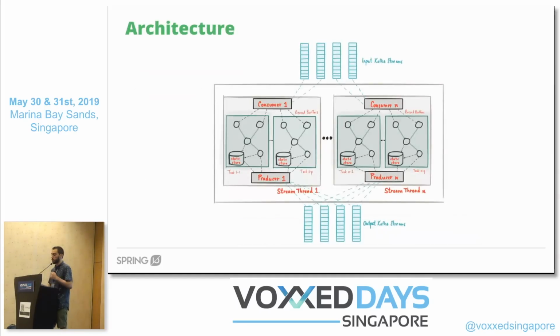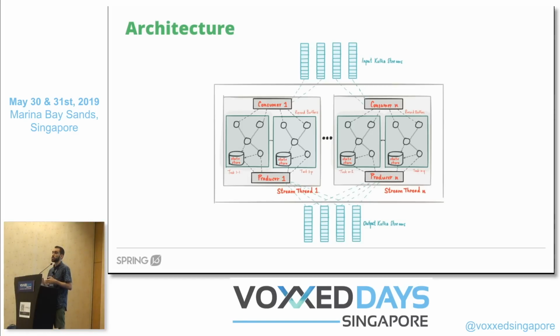At the end of the day, this is the architecture we're going to have. We're going to have some source topics, and a stream application, which will have a consumer and a producer underneath. Every single partition in a topic that we are processing will translate into a task. Every task will run the whole topology, and it will have its own state store. So every task will process part of the stream based on the partitions.